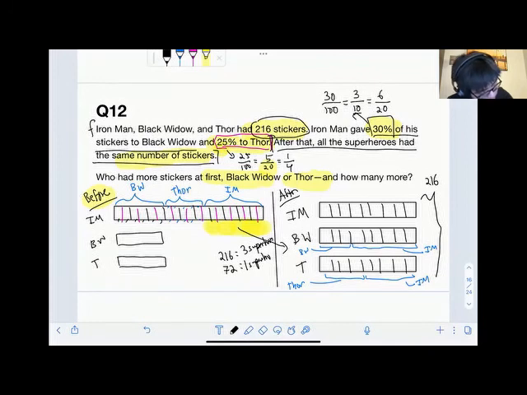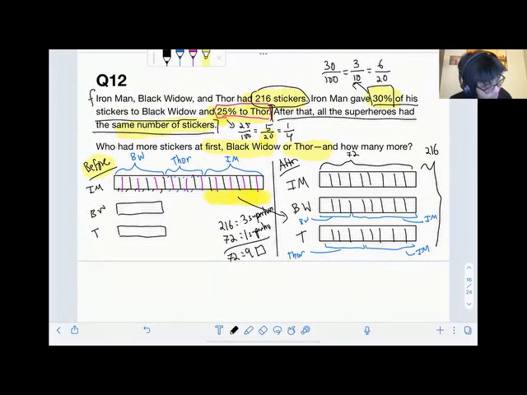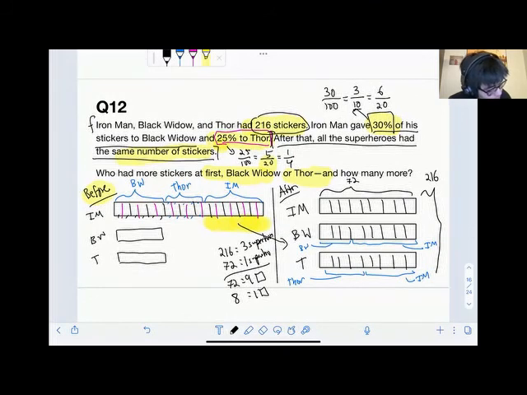Okay? Tapos yung isang superhero, 9 boxes po. Which is equivalent to 72. So 1 box is equivalent to 8 po. Okay. Very good. So doon makikita na po natin na si Black Widow, so meron siya 3 box. So 3 times 8 is 24.